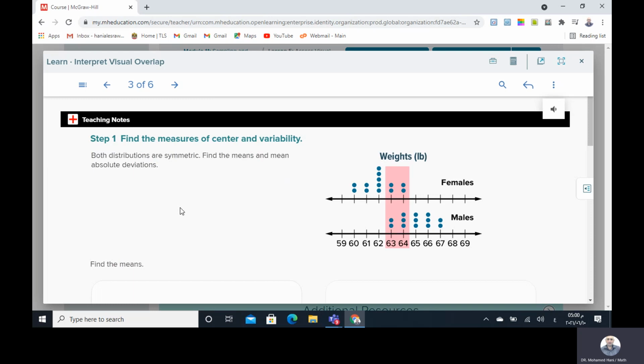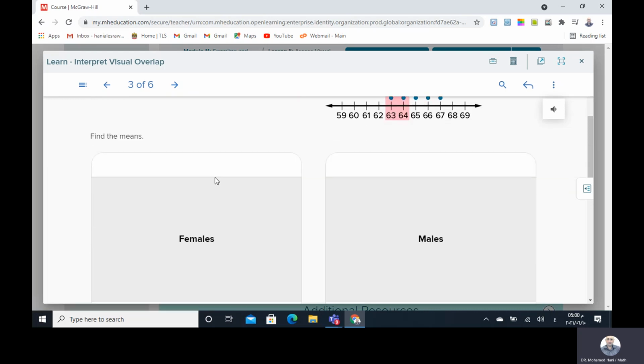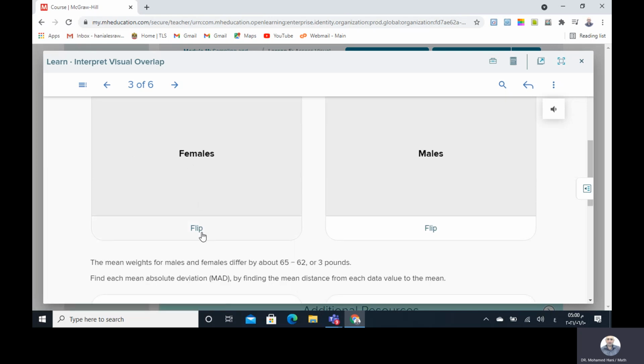So what do I do? The first step, find the measures of center and variability. Both distributions are symmetric, so find the means and mean absolute deviation. The first step, find the mean for the females.